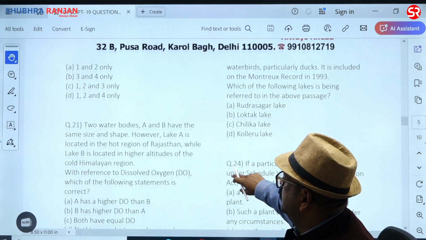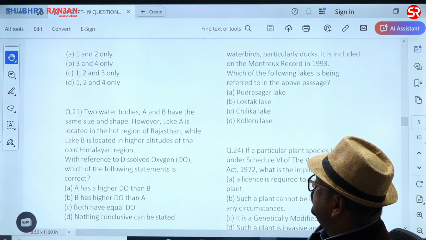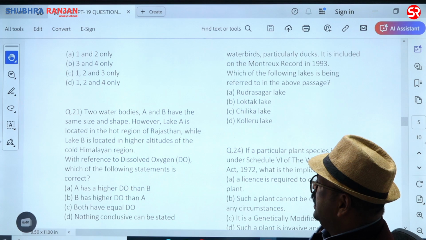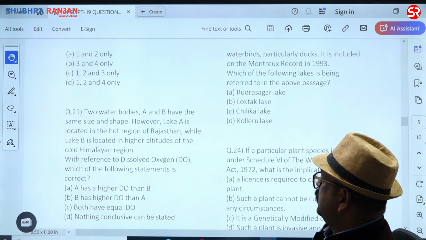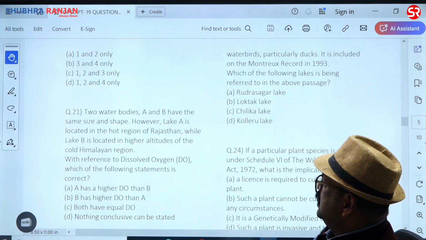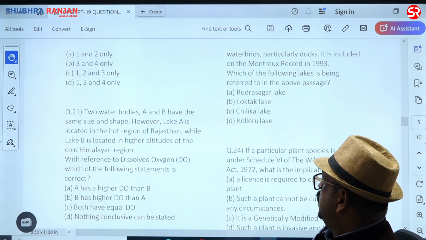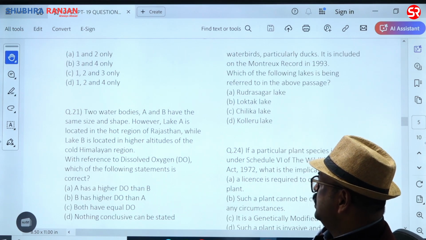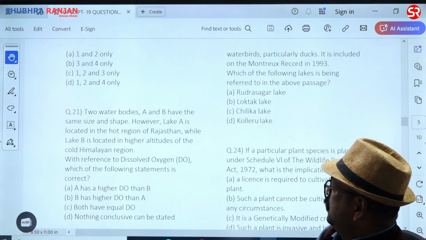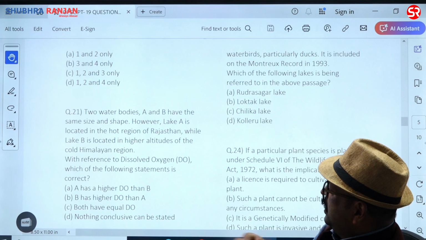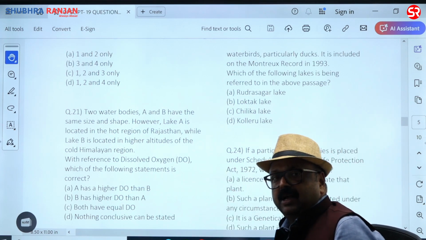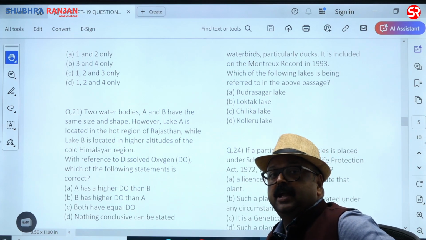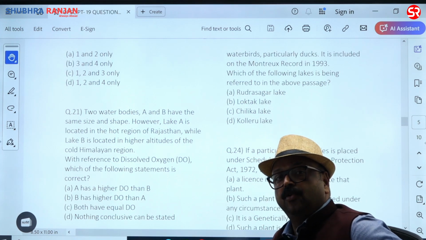Question number 21. Two water bodies A and B have the same size and shape. However, Lake A is located in the hot region of Rajasthan, while B is located at higher altitude in the cold Himalayan region. With reference to the dissolved oxygen, which of the following statements is correct? Dissolved oxygen is basically decided by the temperature, rate of evaporation, and the kind of flora as well as fauna.